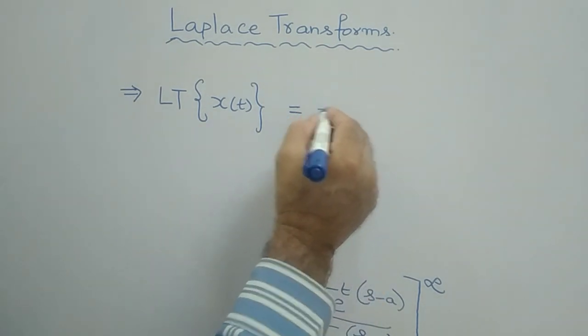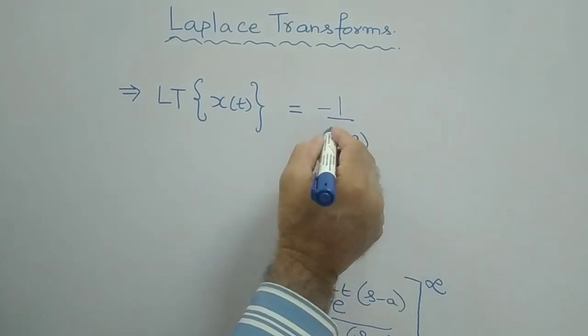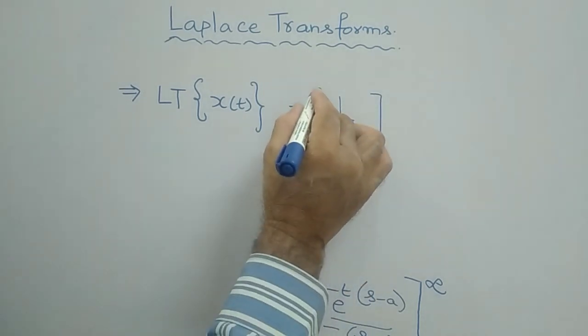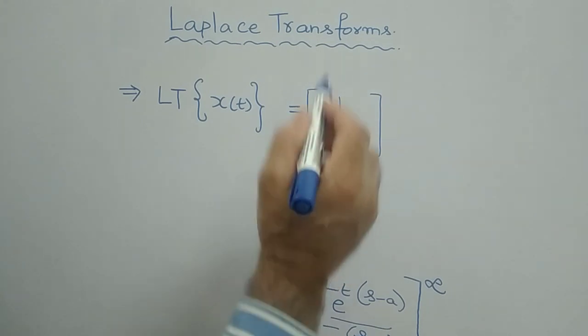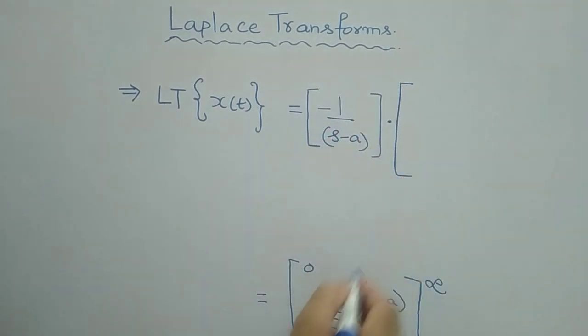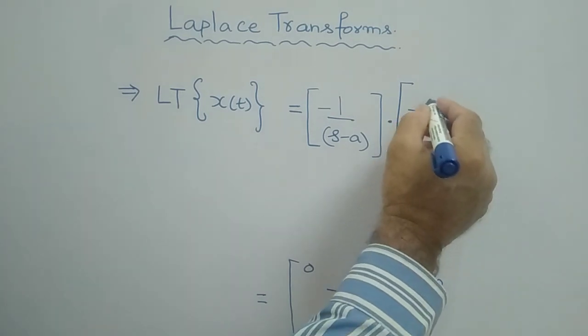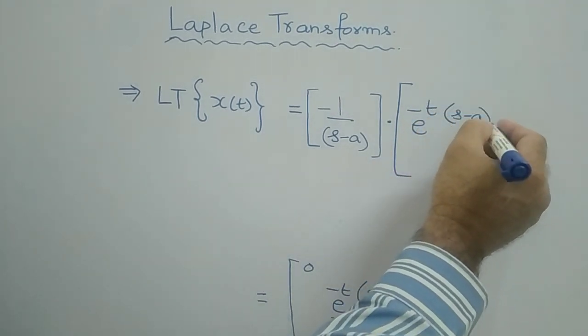Therefore you can write it like this: minus 1 by (s-a). Then what is the remaining? e^(-t(s-a)), right?